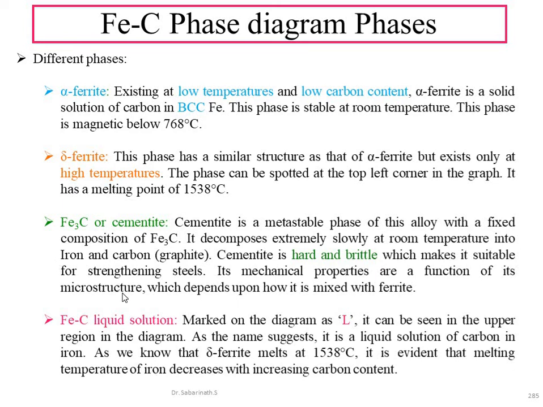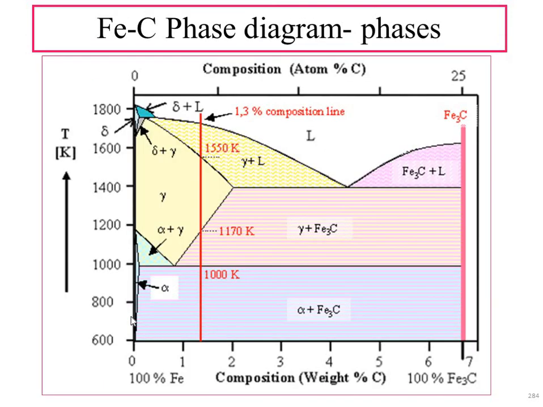So these are the basic important phases in our iron carbon diagram. Once again, I repeat: important phases like delta, L, gamma, alpha, and Fe3C.